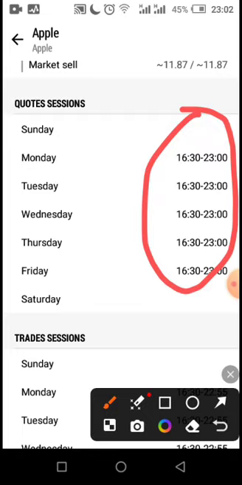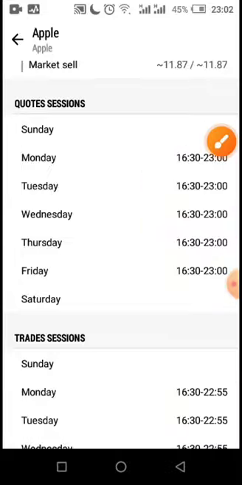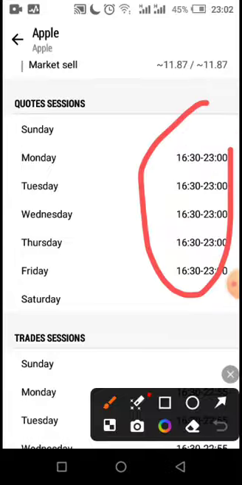For US stocks, the New York Stock Exchange Center will be open from 9 a.m. to 4 p.m. New York EST time. So now in November to March months, this is what will be 16:30 to 23:00 GMT time.